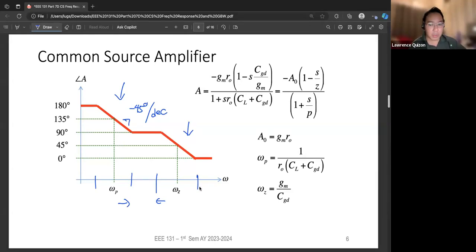Now, why is the contribution of the zero going down? The contribution of the zero goes down because of the minus, right? A zero with a plus would have a contribution of plus 90, instead of a minus 90. But it has a minus, so its phase contribution is negated, flipped over to be negative instead.